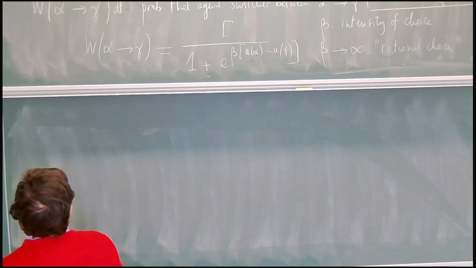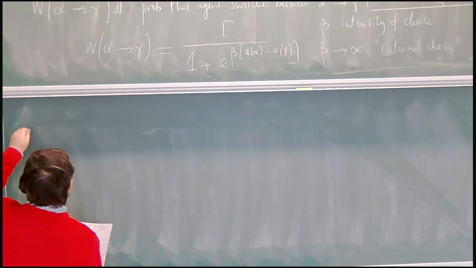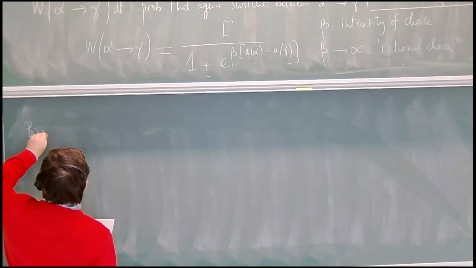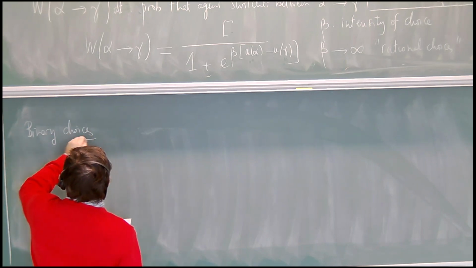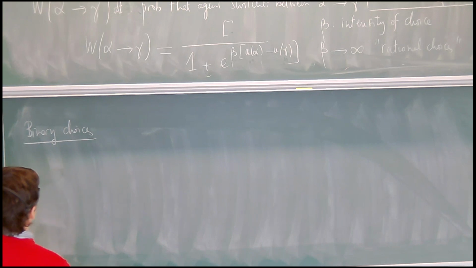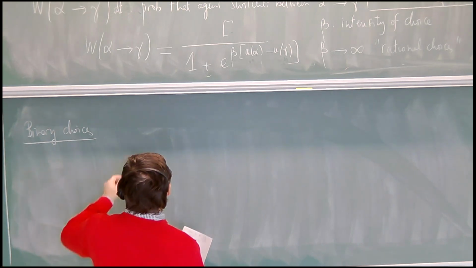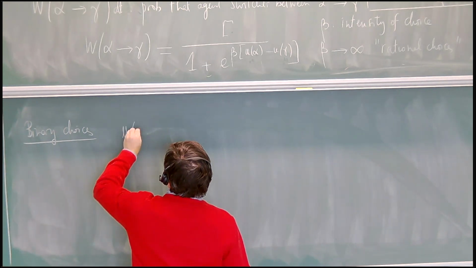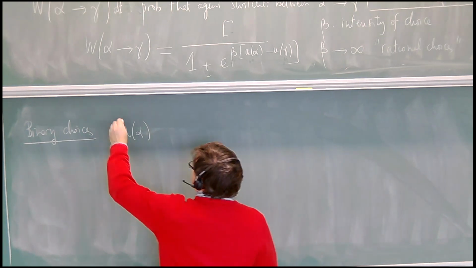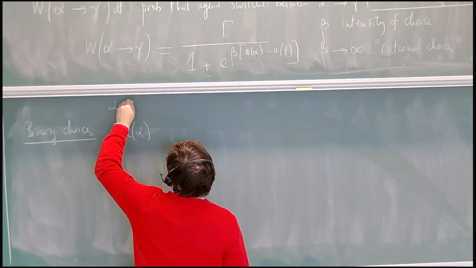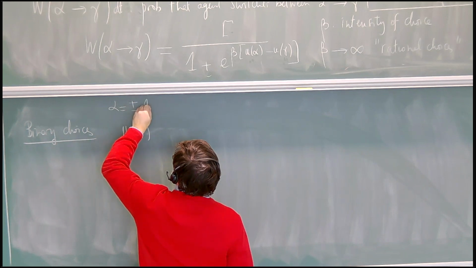So the simplest case is the binary choice again. So if you have binary choice, you can always write U of alpha. So alpha can be either +1 or -1.